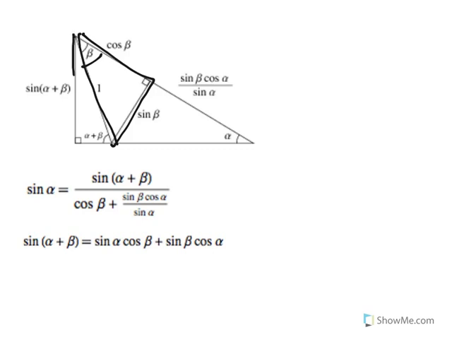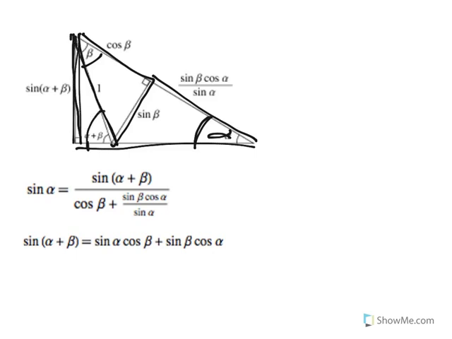And then they drew this vertical line down and a horizontal line. And they called this angle alpha. And what we see here is that here's alpha. So this is sine alpha plus beta because this is hypotenuse 1 and this angle is alpha plus beta.